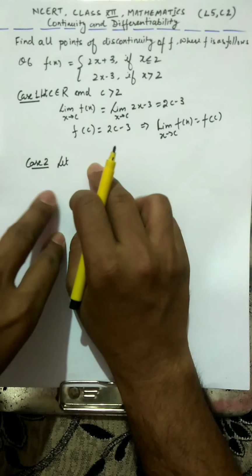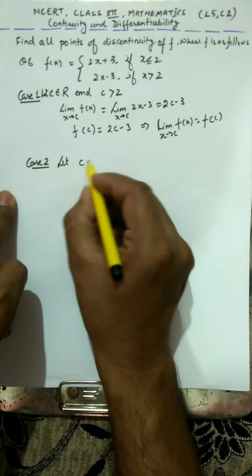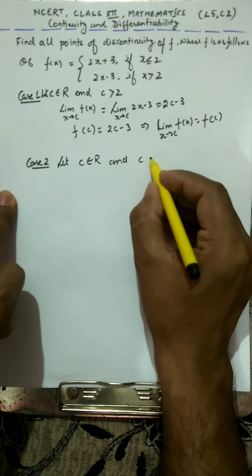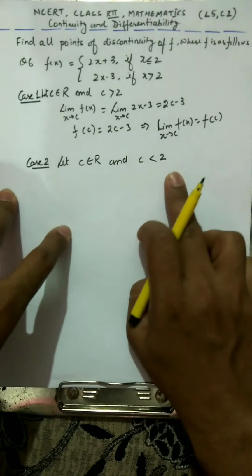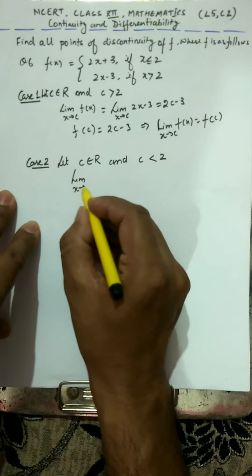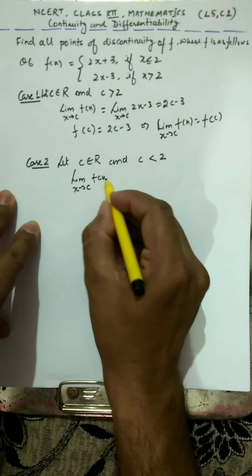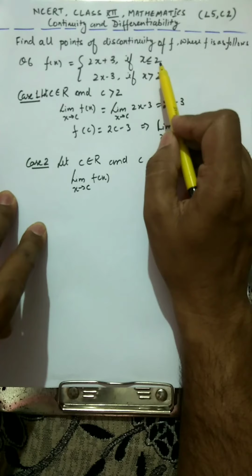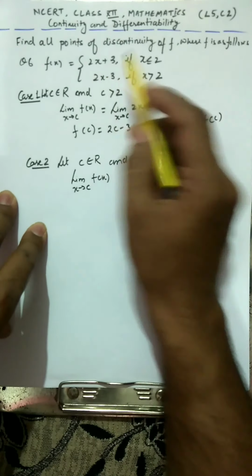Now we'll discuss case 2, when c belongs to R and c is less than 2. So when I'm taking c less than 2, then I'll calculate limit x tends to c of f(x). For all values of x less than 2, the value of the function is 2x plus 3.